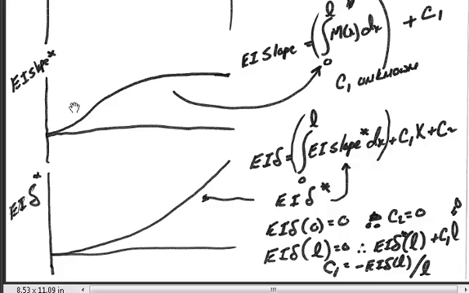Once I've got that done, I could reintegrate the true EI slope and get the true EI delta, or I could simply recognize the only thing wrong with this curve is it needed a C1x piece added in. So I can take that C1, which is a negative number, and at every x point along my existing data, take the x value, multiply by C1, and add it to the current y value.